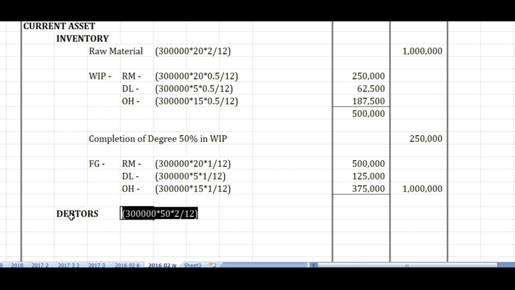So the debtors value is 2.5 million, because here all sales are credit basis.